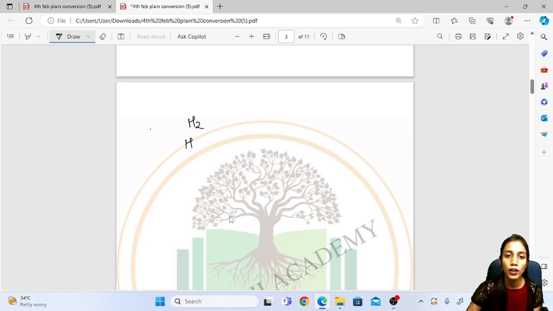The symbol for hydrogen is actually H, but it always exists as a diatomic molecule, because the atomic number of hydrogen is 1, the electronic configuration is 1, and the valency, the number of electrons required to completely fill the outer shell, is 1. It requires 1 electron, or it can remove its electron. In this case, the hydrogen shares its electron. So how is this done?